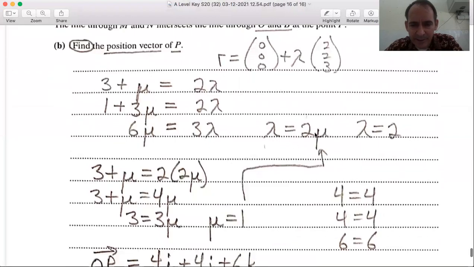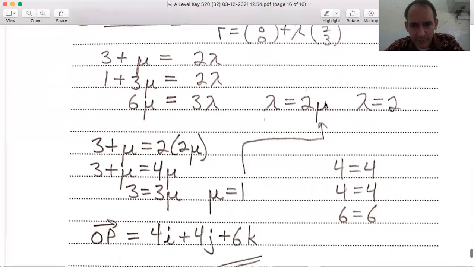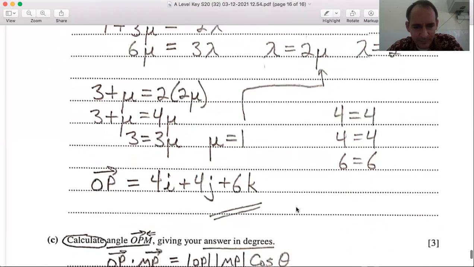Solving for lambda, lambda equals 2 mu. Plug it in: 3 plus mu equals 2 times 2 mu. Solve for mu, mu equals 1. Plug it in here, lambda equals 2.